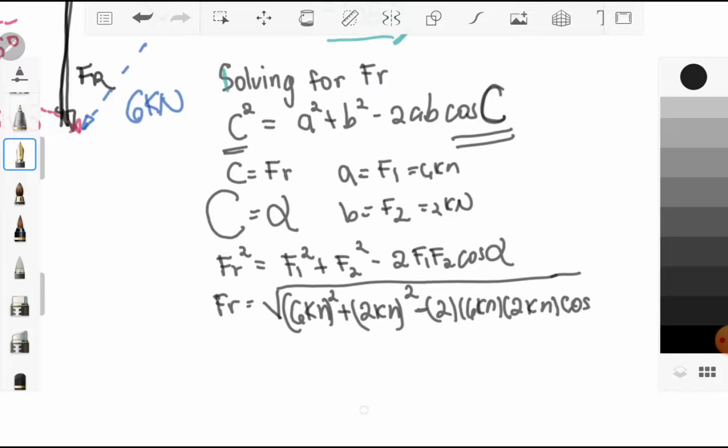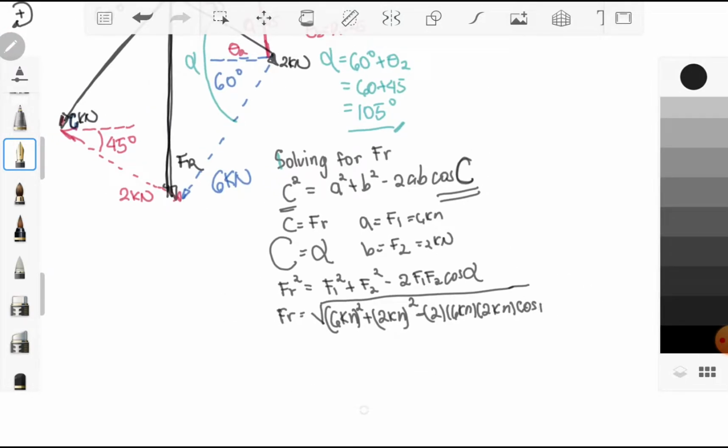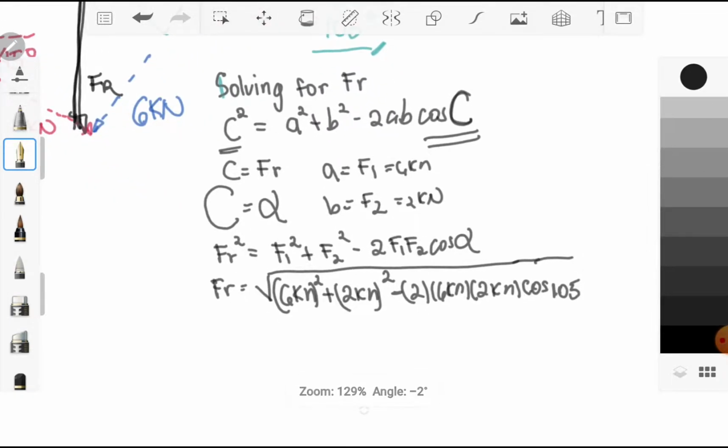Cosine alpha is equal to 105 degrees. Never forget to factor out your kilonewton, because kilonewton squared is just equal to kilonewton.